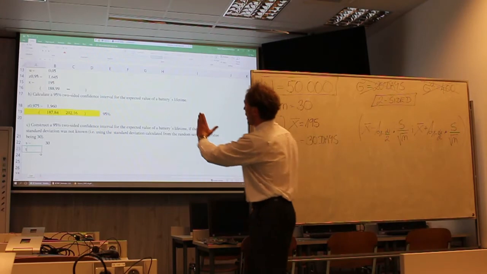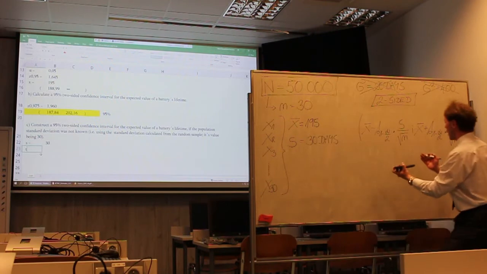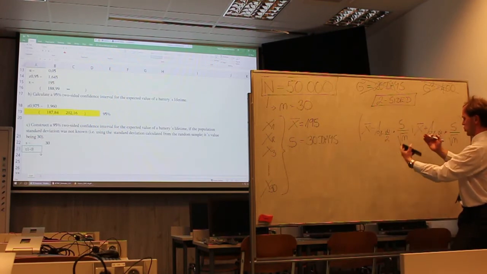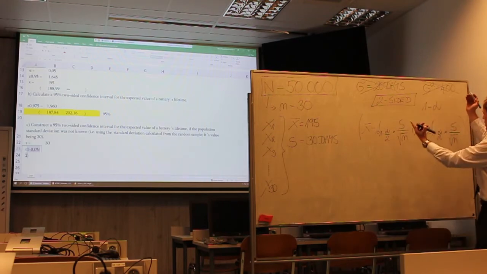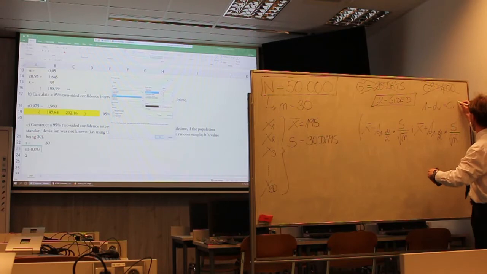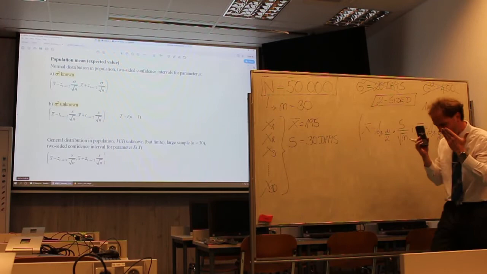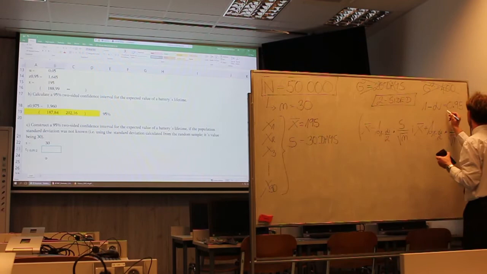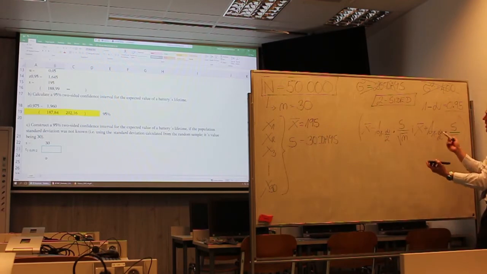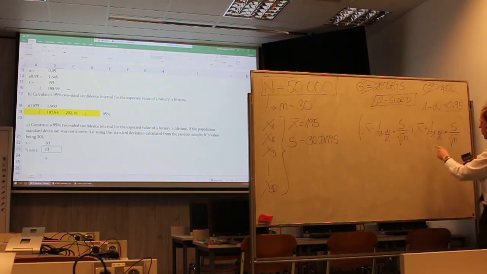We must construct a 95% two-sided confidence interval. So the strength of this interval, 1 minus alpha, must be equal to 0.95. Why? Because we are statisticians, we are using relative numbers, not percentages. Because this is a two-sided interval, there is alpha divided by 2, 1 minus alpha divided by 2.